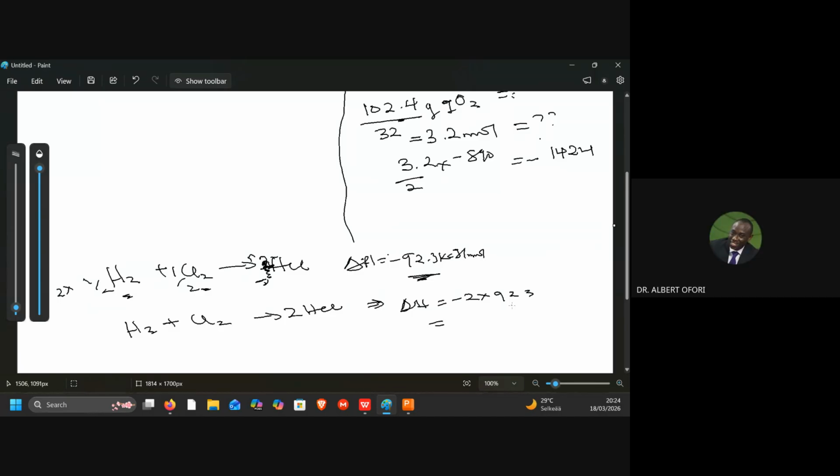So 92.3 times 2 is approximately 184.6 kilojoules per mole. So that's 1 mole of each of them.